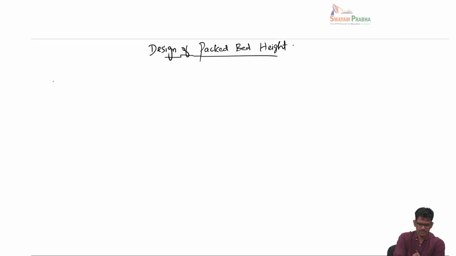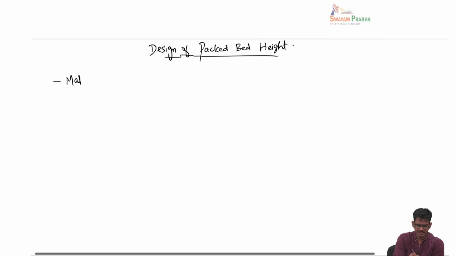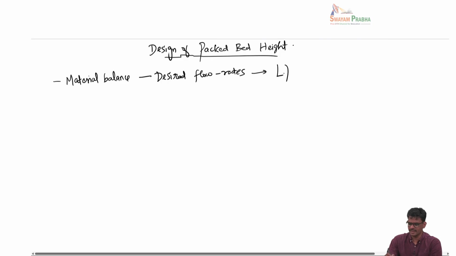Okay, so using material balance, desired flow rates are specified. This includes the calculating of minimum flow rates.